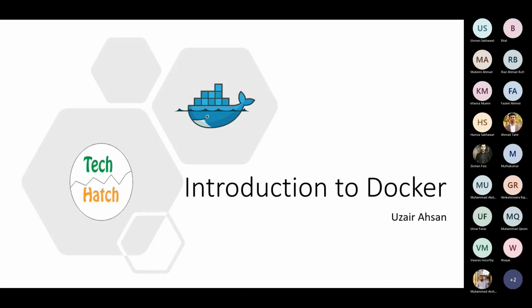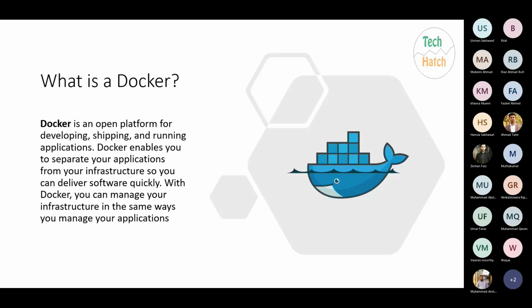So the solution to this problem was Docker. What Docker facilitates for us is that Docker provides us a platform to develop, ship, and run our applications. It basically provides us a shell in which we can deploy our application along with all the dependent libraries, all the dependent packages, whatever you want.